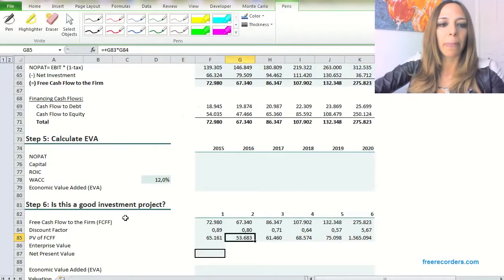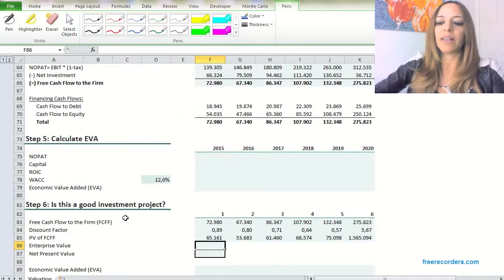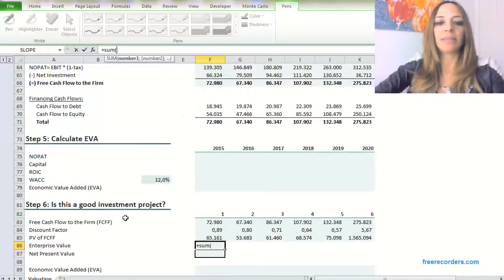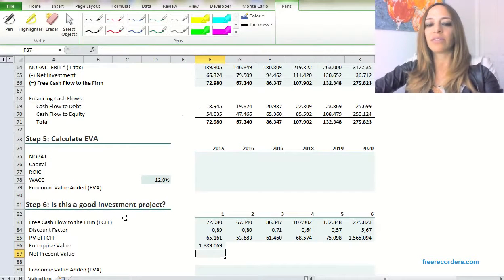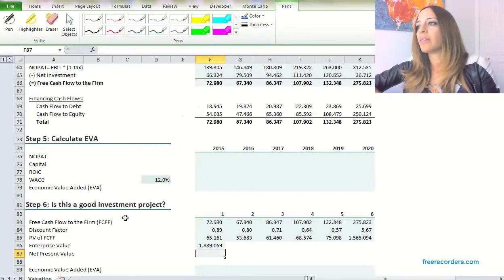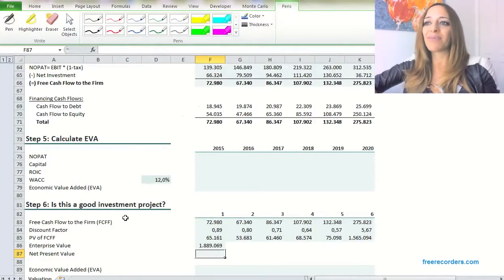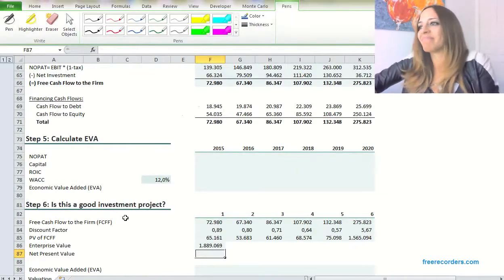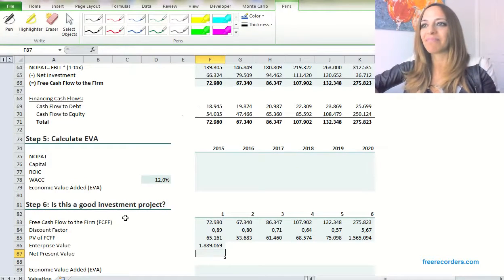Okay. Now the enterprise value will be the sum of all the present values of free cash flows. This is, in other words, how much is a project or a firm worth to me? Well, all the money that I will obtain with the company. It's as simple as that.